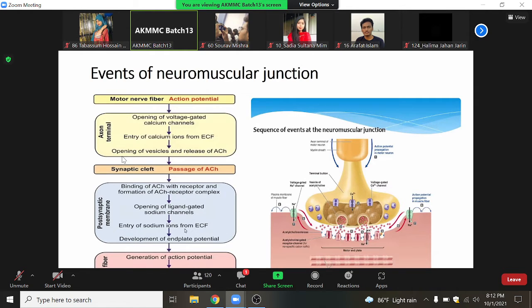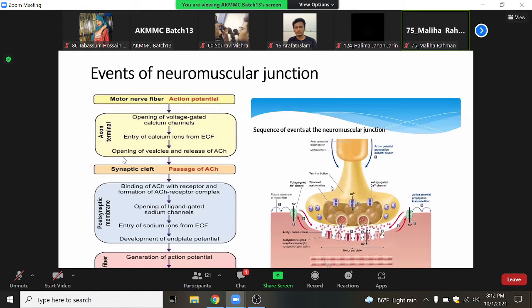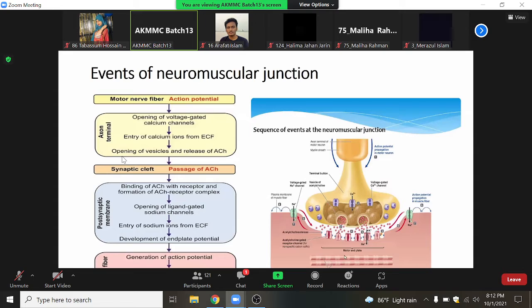Then generation of action potential occurs, and excitation and contraction coupling occurs, and then the muscle contraction will happen. Okay, these are the events of the neuromuscular junction, how action potential transmits from this neuron to the muscle and causes the contraction.